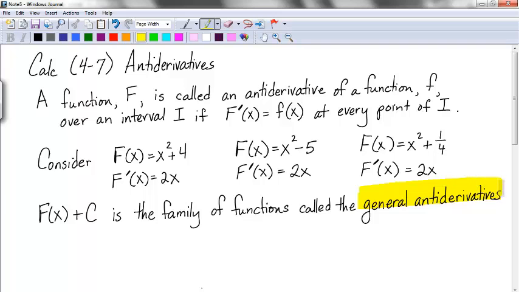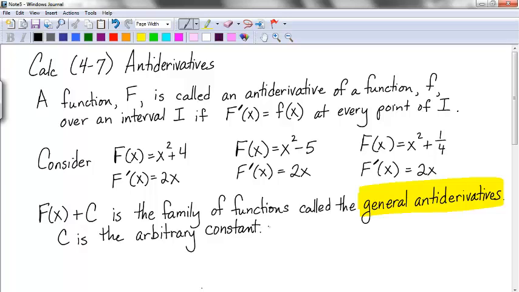It's called the general antiderivatives, and C is the arbitrary constant. So if I gave you the f prime of x was 2x, you can't tell me it's x squared plus 4, but you could tell me it was x squared plus c, some constant.